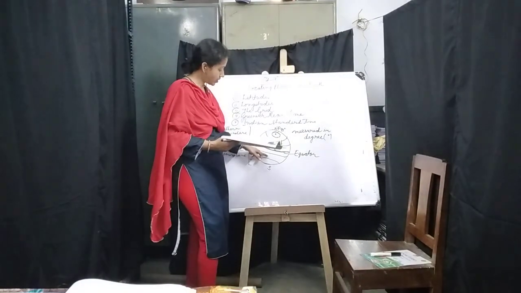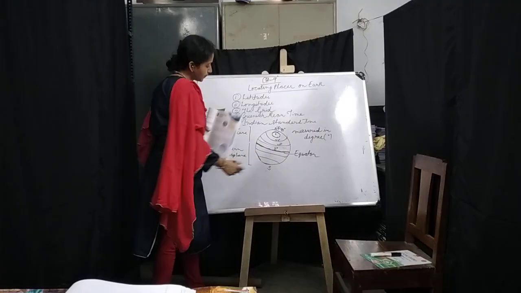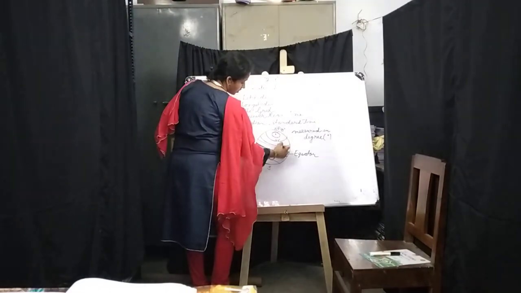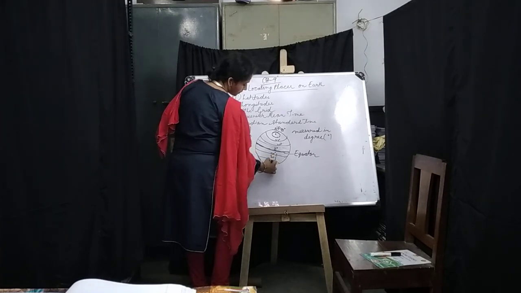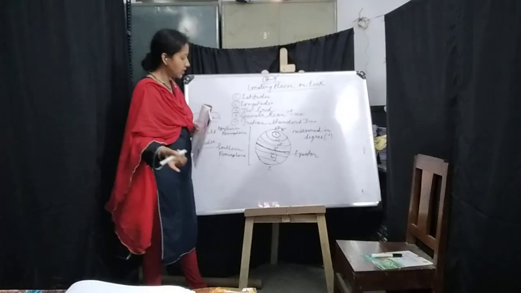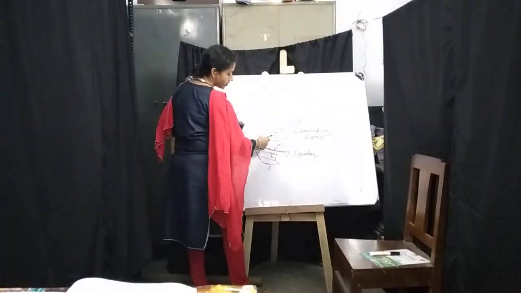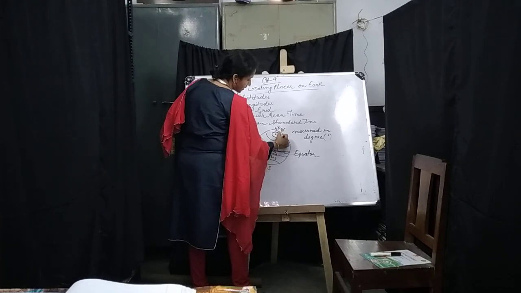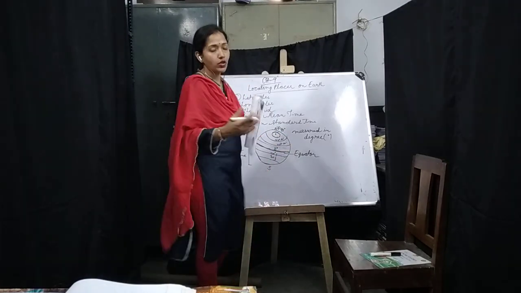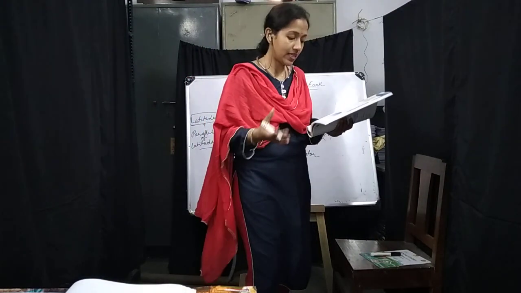And the southern hemisphere is labeled 20 degrees south, 40 degrees south, 60 degrees south, 80 degrees south. In the northern hemisphere, it is measured as 20 degrees north, 40 degrees north, 60 degrees north, 80 degrees north.